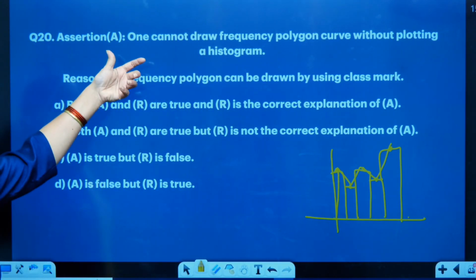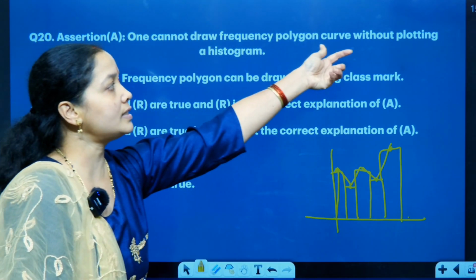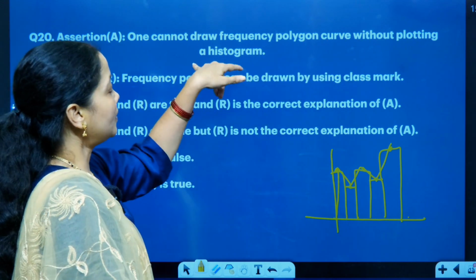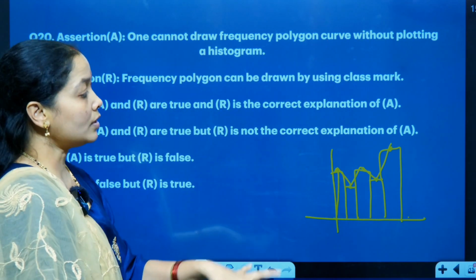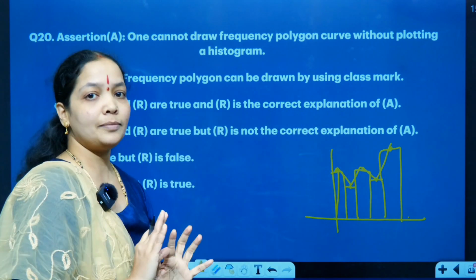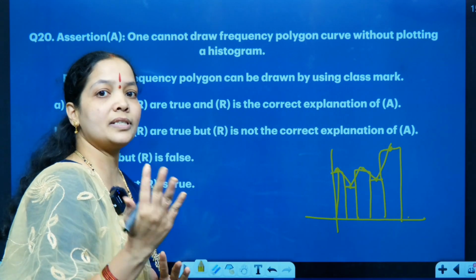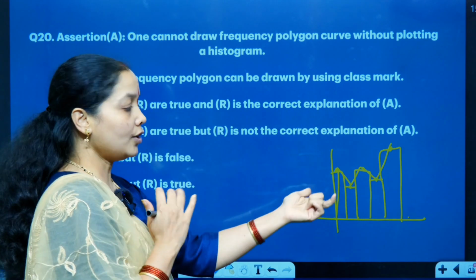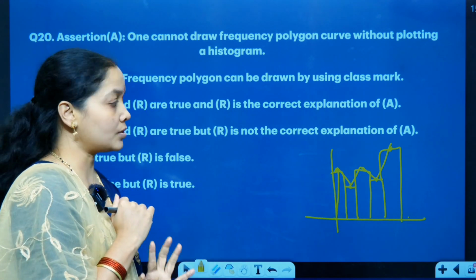But in my assertion they are telling one cannot draw frequency polygon without plotting histogram. Yes, I cannot draw frequency polygon without histogram. That is true only until 9th portion. But when I come to 10th portion, obviously I can draw it without histogram also.